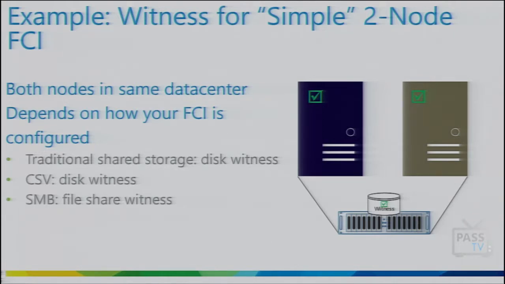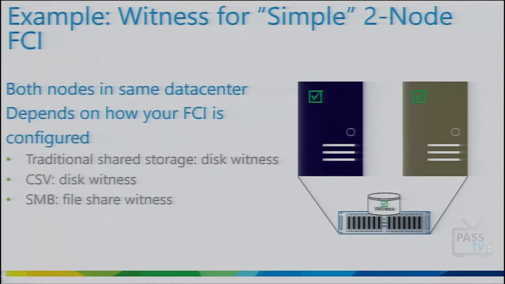Now, if you're using SMB, or server message block, that's basically file share access for SQL. That was introduced in SQL Server 2012. In that case, I would use a file share witness because I have no locally attached disk. So depending on how you've configured your disk for your FCI, what witness I actually deploy depends on that.